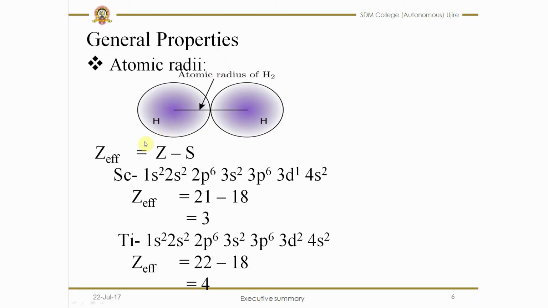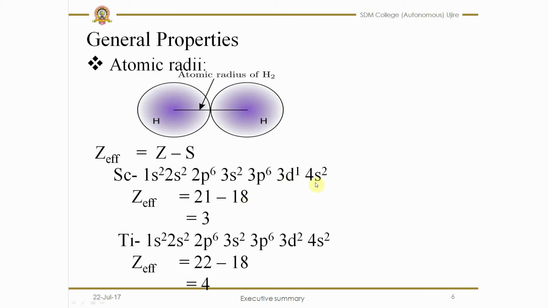This can be understood by calculating the effective nuclear charge using the formula Z effective equals Z minus S, where Z is the atomic number and S is the number of non-valence electrons. Now we consider the example of scandium. The atomic number is 21, so Z is 21, and S, the non-valence electrons, is 18.